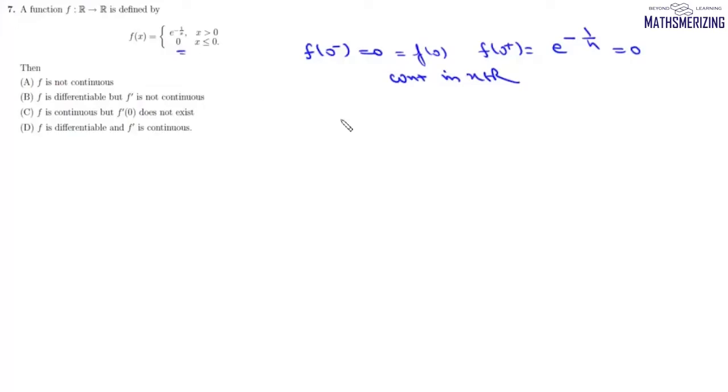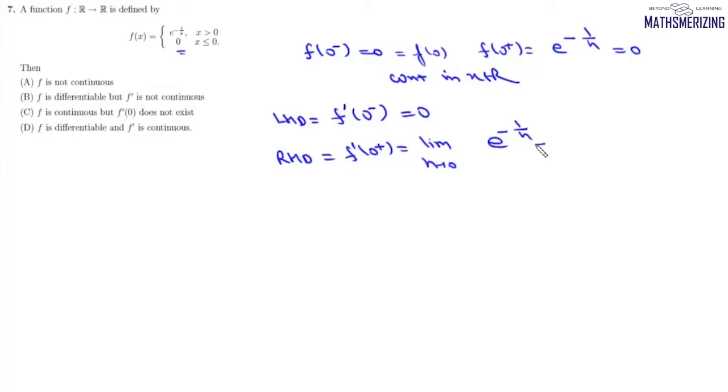Now we'll check its differentiability. Now the left hand side is a constant function. So f'(0) negative, which is the left hand derivative, will be nothing but 0. And what about the right hand derivative? It will be f'(0) positive, which is given by limit h tends to 0 of e to the power minus 1 by h minus 0 upon h, which is 0 upon 0 form.